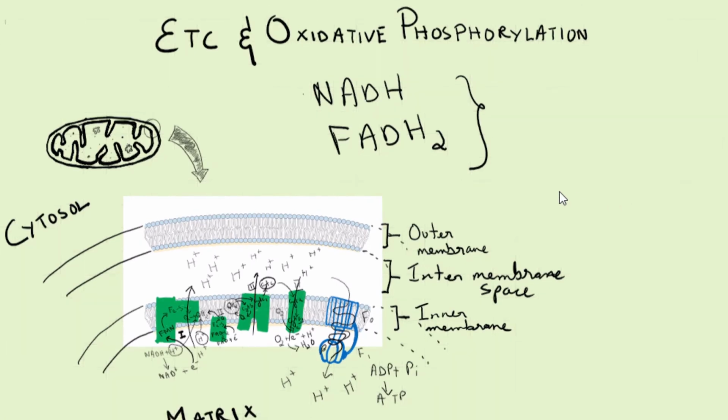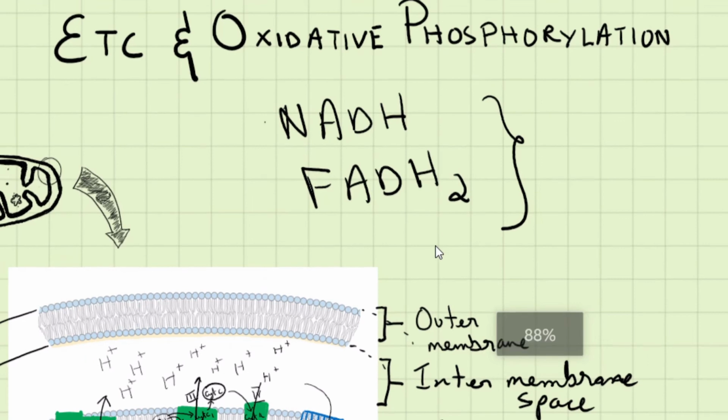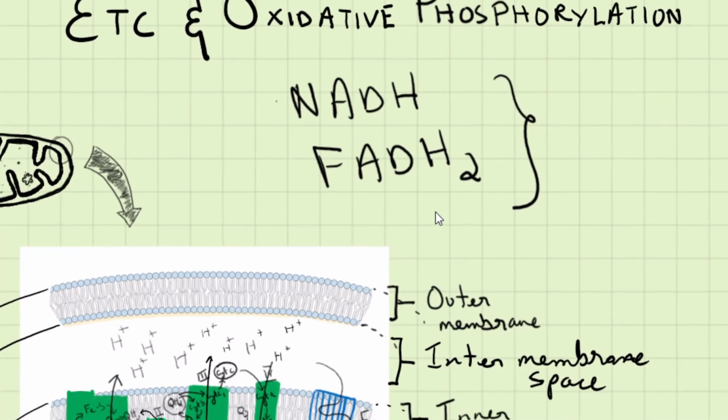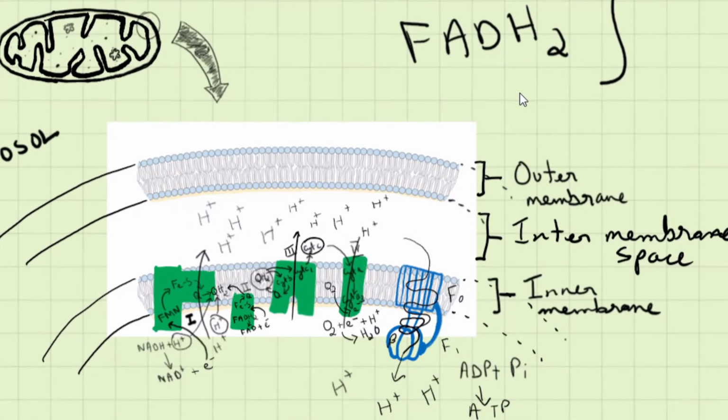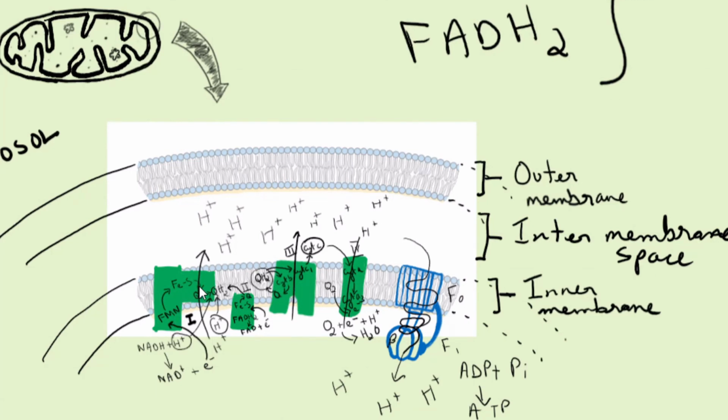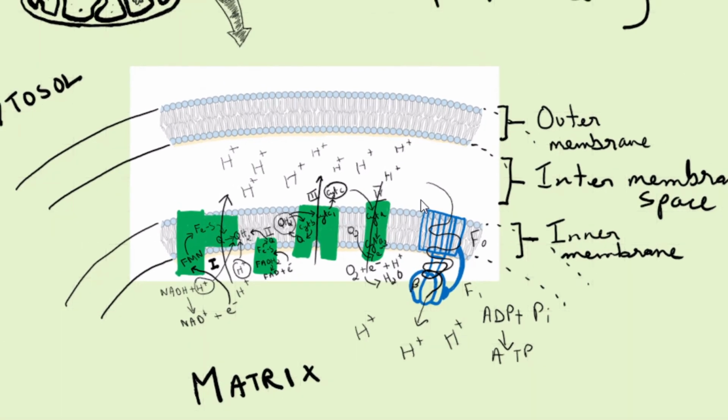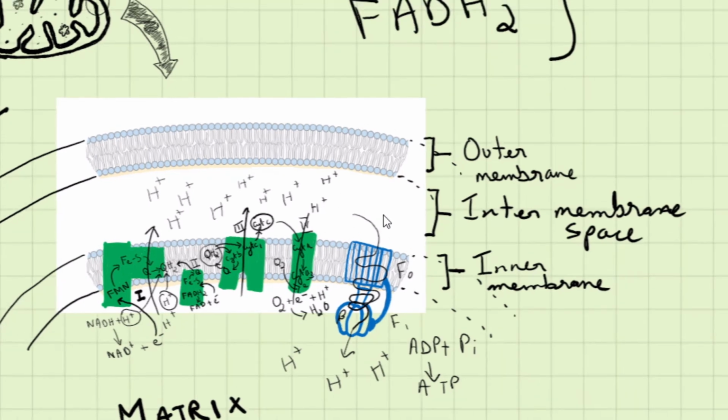So to summarize, the oxidation of NADH and FADH2 releases electrons that will be passed on through a chain of these protein complexes, and this transportation of electrons releases a lot of energy. That energy is used to pump out protons from the matrix into the intermembrane space through these protein complexes or protein pumps to create a concentration gradient.